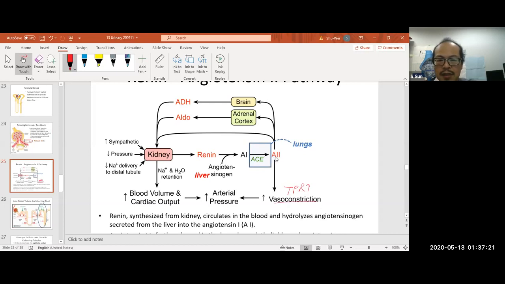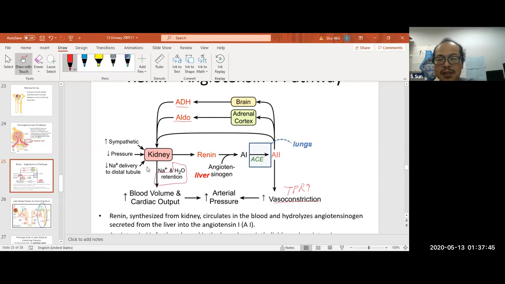Angiotensin 2 also causes our adrenal cortex to produce aldosterone, and acts on our brain, the hypothalamus, to the posterior pituitary gland to release ADH. ADH will cause our body to reabsorb water, so it causes water retention.